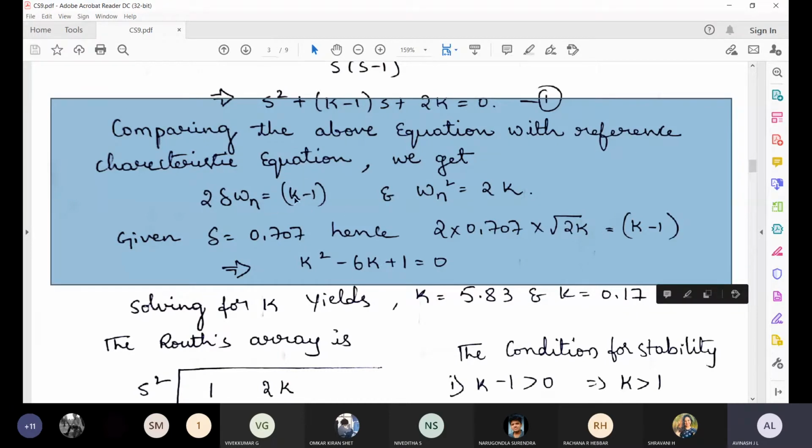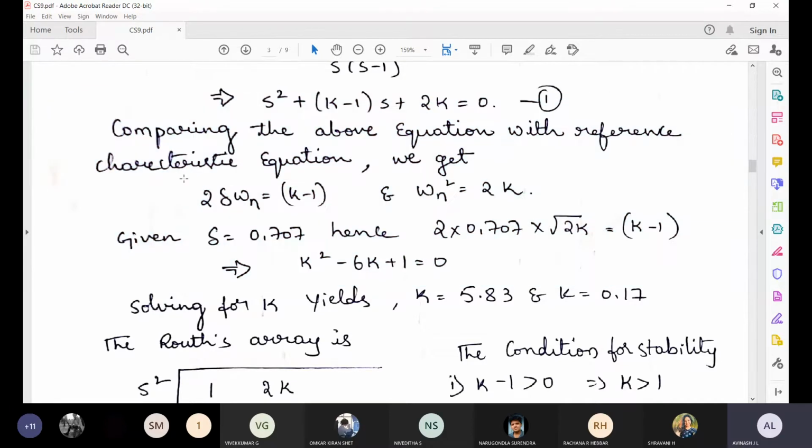Similarly, the last term, omega n square will be equal to 2k.